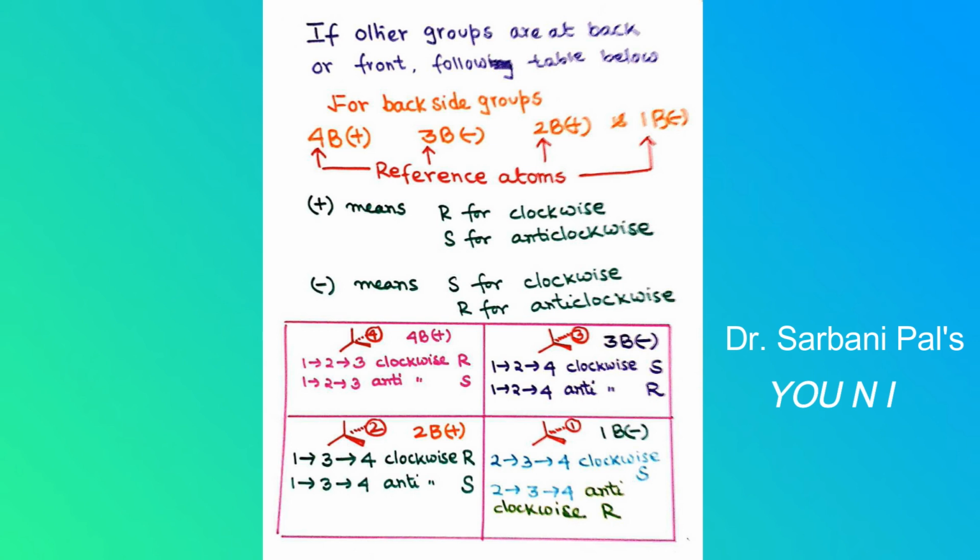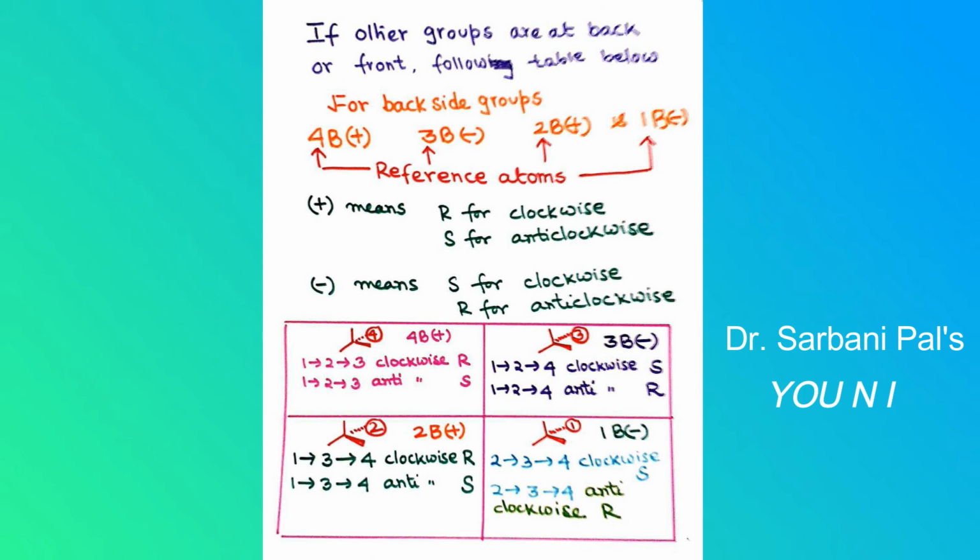Now as already I have explained what the 4b plus is, let us discuss what the 3b minus is. 3b minus means the third priority group is at the back. In that case 1, 2, 4 if it is clockwise, minus means we have to consider it as S. And 1, 2, 4 if it is anti-clockwise, then minus means we have to consider it as R. In exactly similar way, if we are applying 2b plus, then the second priority group is at the back.